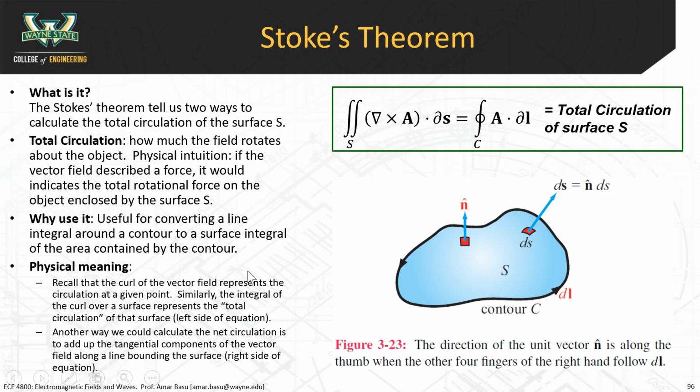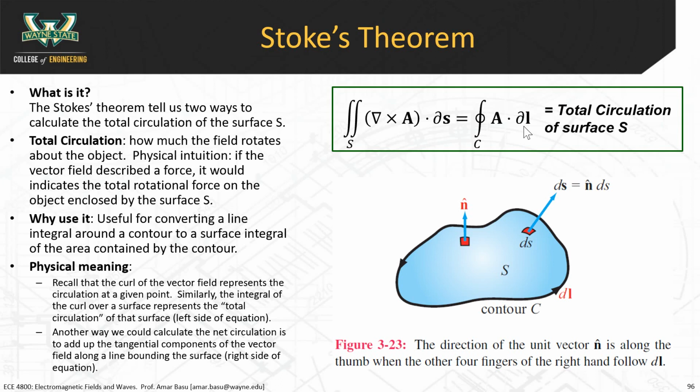All right, so why would you want to use the Stokes theorem? This is useful for converting a line integral around a contour into a surface integral of the area contained by the contour. So when you do these types of circulation problems, Stokes theorem helps you out in a few ways. One is that you could actually calculate it both ways, and Stokes theorem tells you that both are equal to each other, so you can use that to check your work.